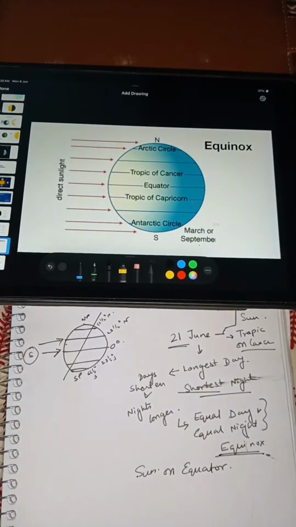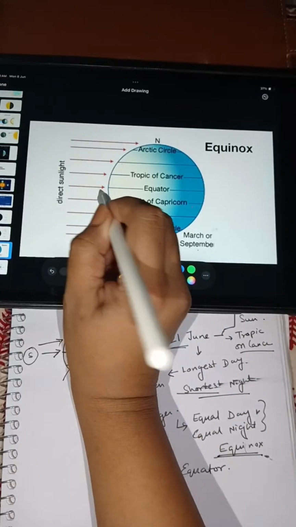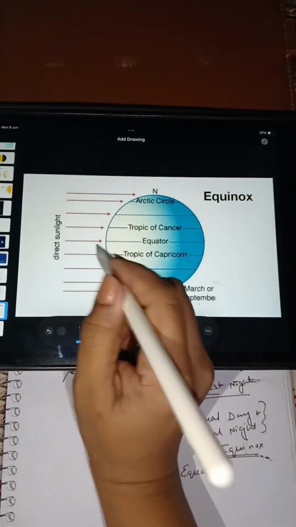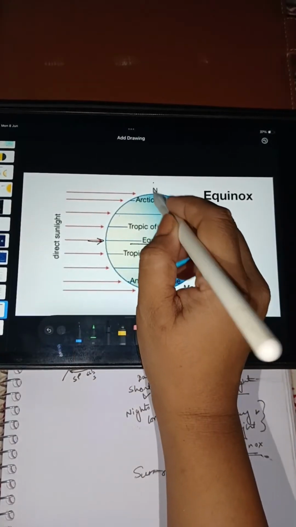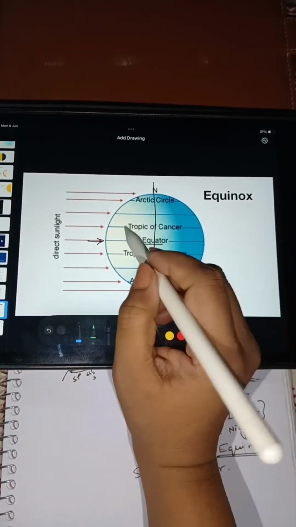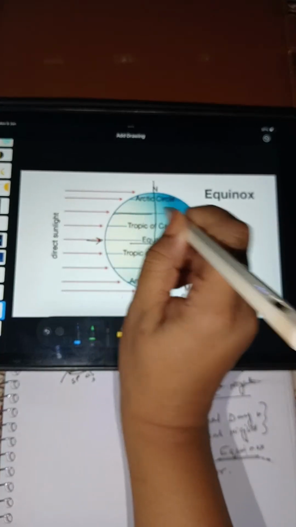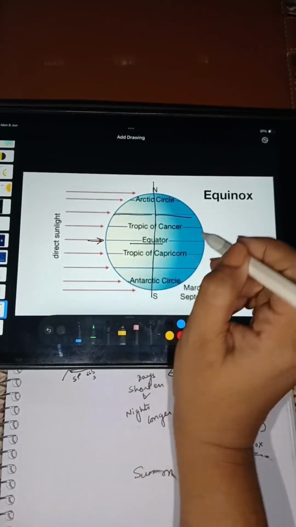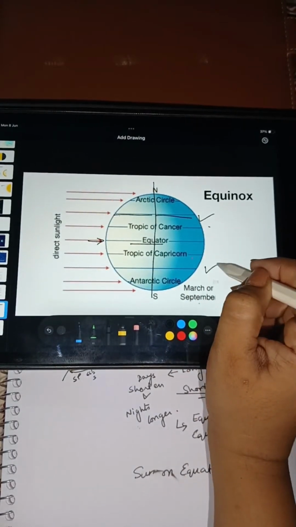Here you can see that this is the direct sun ray, it is hitting the equator. The shadow circle is dividing both, and we are getting equal days and equal nights. This is the same for the northern hemisphere and southern hemisphere.